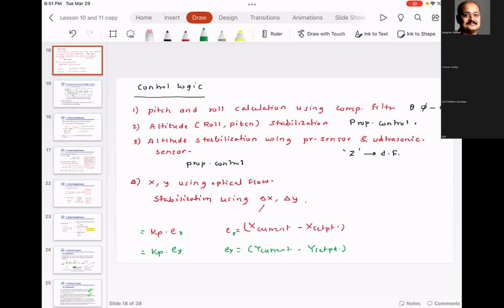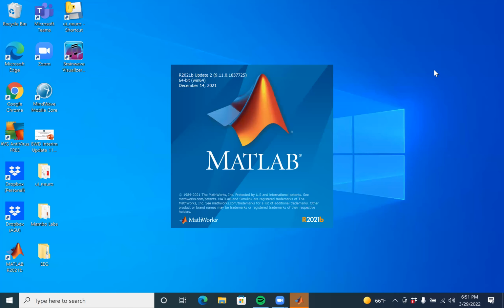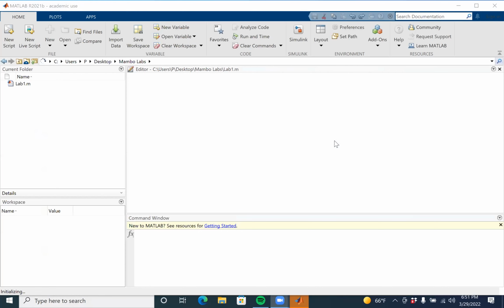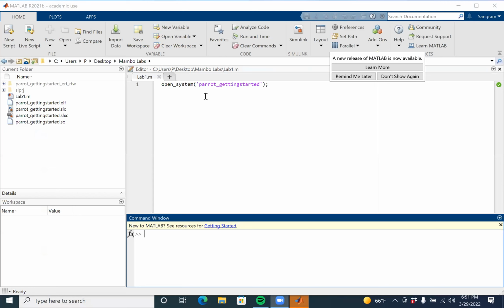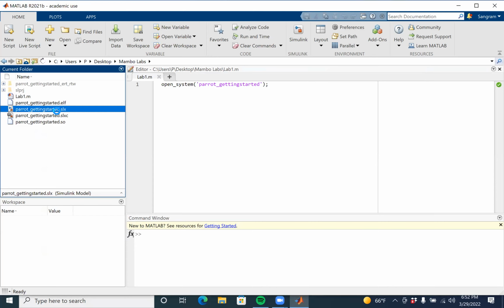So let me open MATLAB. I want you to open Parrot getting started. And big and bulky MATLAB opens.